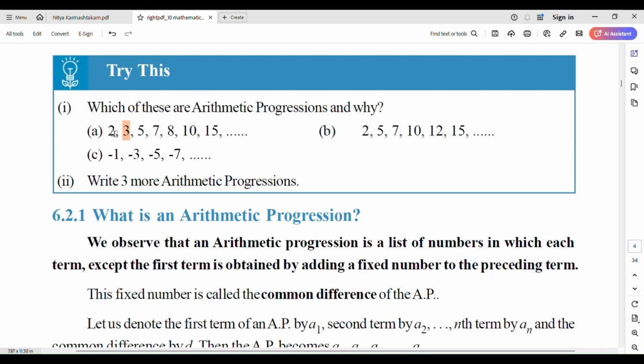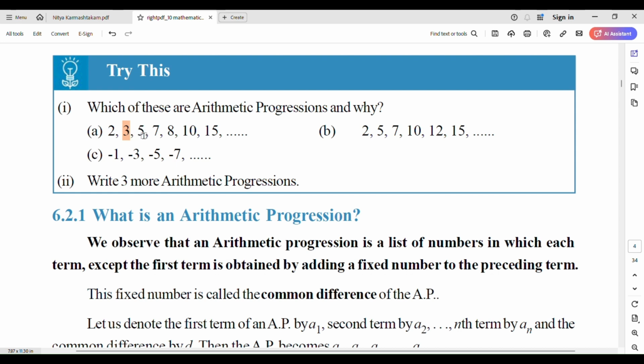So if you see here, 2 and 3 are successive numbers, so I have to add 1 to 2, right? So 2 plus 1 is 3. So plus 1 is the fixed number which I am adding. I should add the same number to obtain the next. So 3 plus 1 is 4, but the number here is 5, not 4.